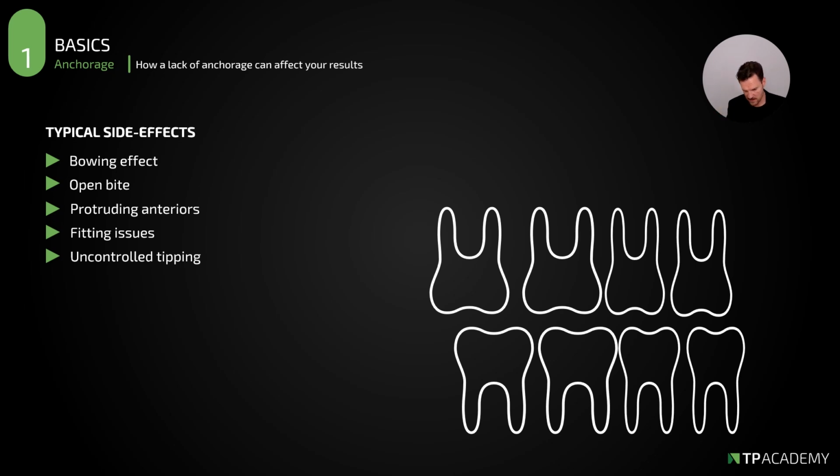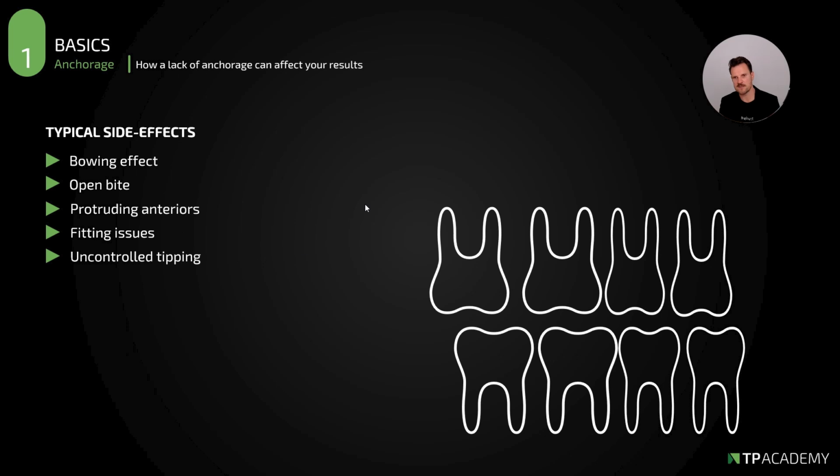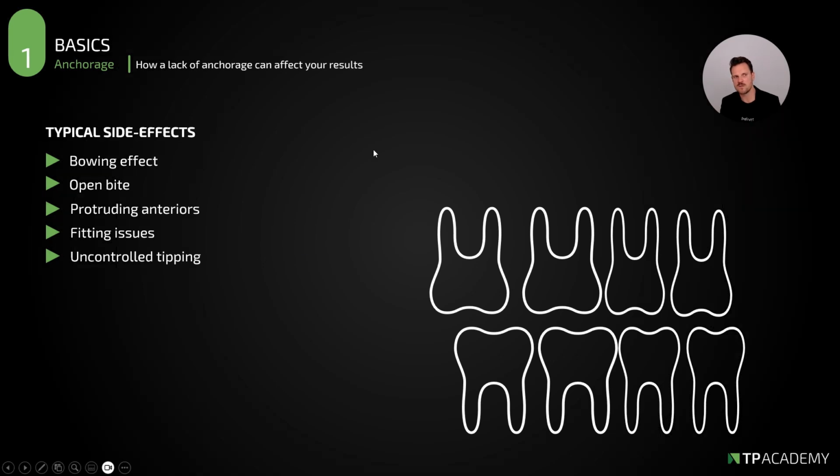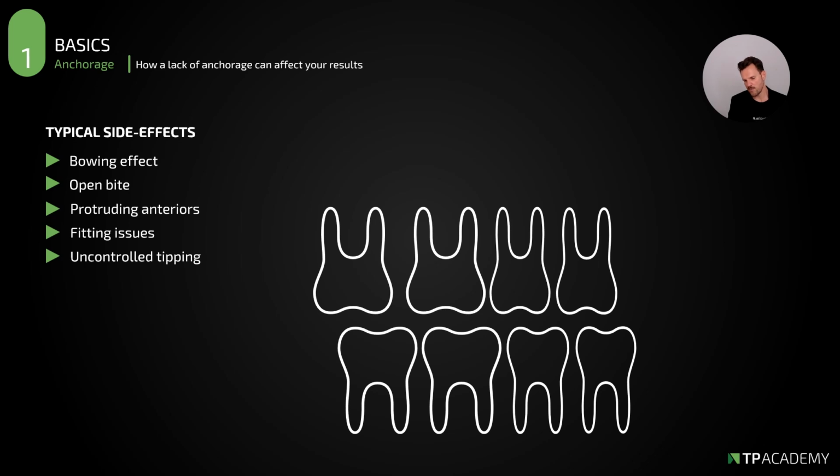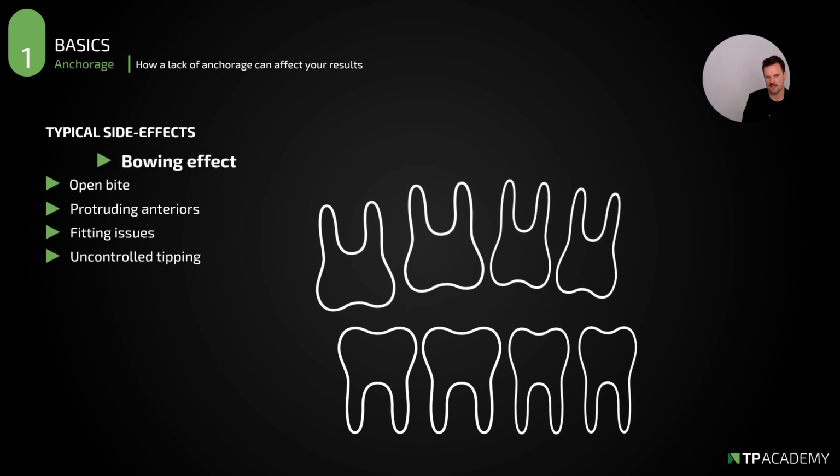But especially the effect number 1, which is the bowing effect, very often comes because I do some movements too simultaneously, or I don't use auxiliary techniques. With the bowing effect, I can always see that there is a force in the aligner, but this force is not going to the right teeth. The bowing effect looks like this very often.